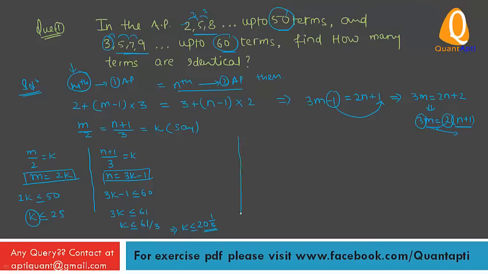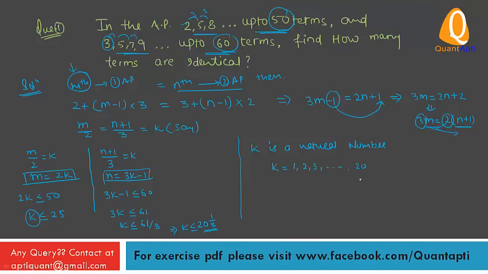Hence, because you know that the term in the first AP or second AP is always a natural number, because the domain of a term is always the natural numbers, k is equal to 1, 2, 3 and so on up to 20.